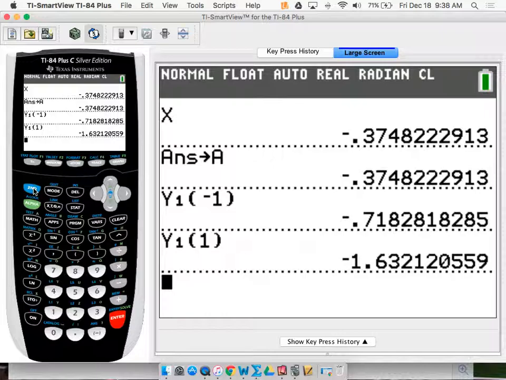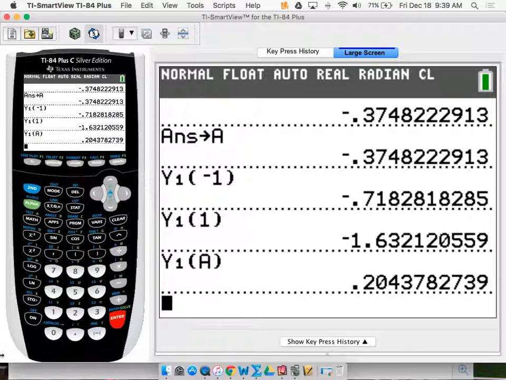And then the last one you have to do is evaluate it at the critical value. So instead of having to type that entire number in, all you have to do is type in the letter A. So you're going to hit alpha, and then A, which is the math button, and then hit enter. All right, so that gives you 0.204.